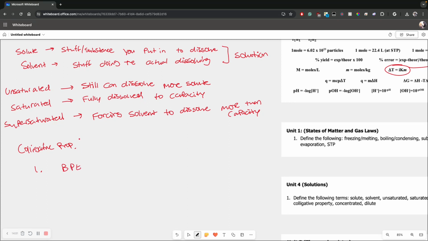This is where the more stuff you put in, more solute, the higher the temperature to boil. It's kind of logical, right? The more stuff you put in the solution, the more energy you're going to need to boil that solution. That's boiling point elevation.